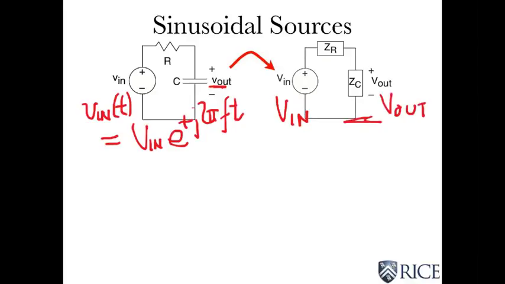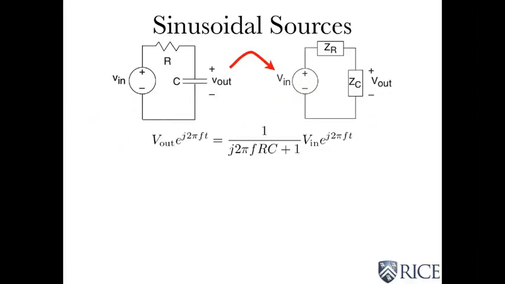And what we discovered when we used our voltage divider for this circuit was that the amplitude of the output was equal to this quantity times the amplitude of the input, and I'm uncanceling the complex exponential so we get the entire answer. Okay, so that's what happens when the source is a complex exponential.